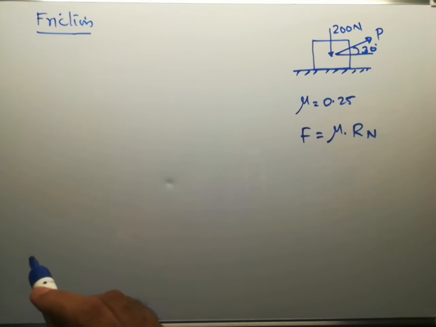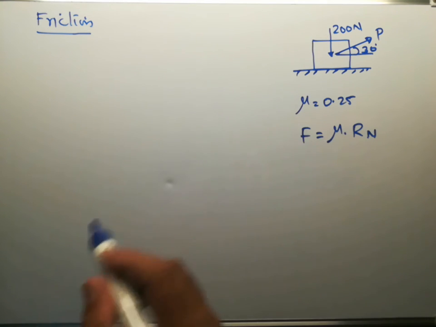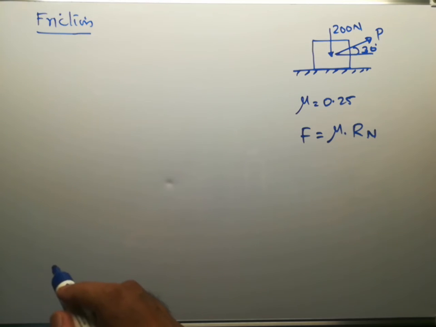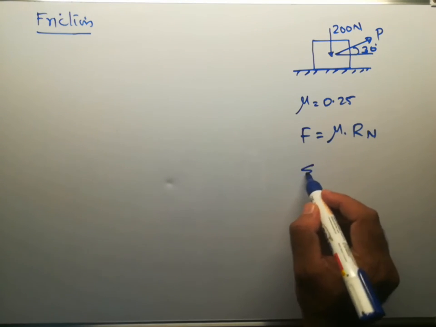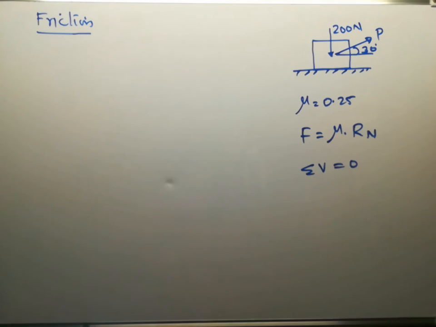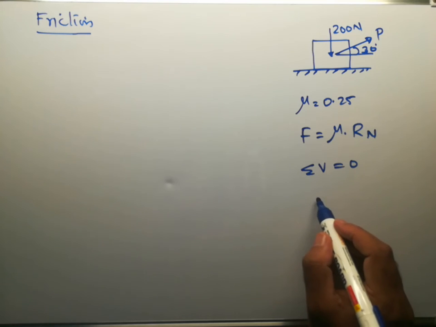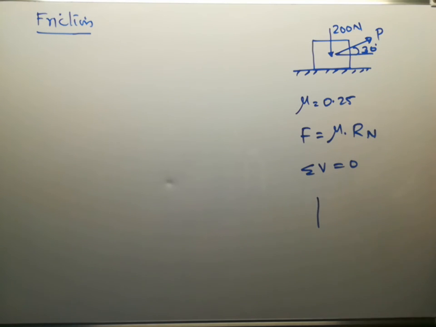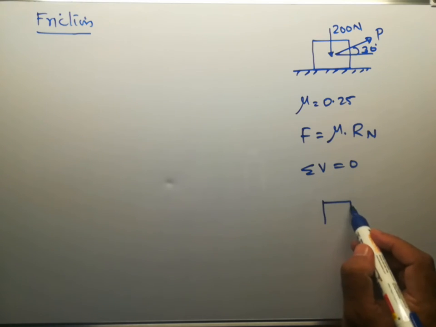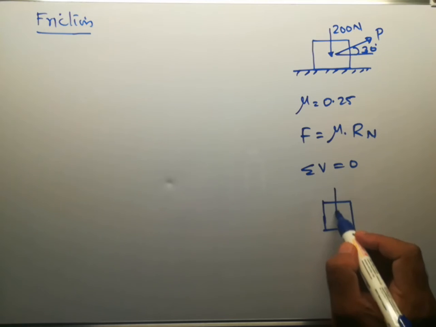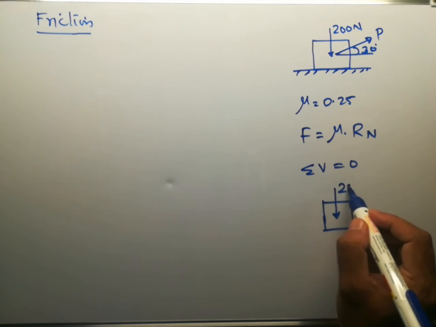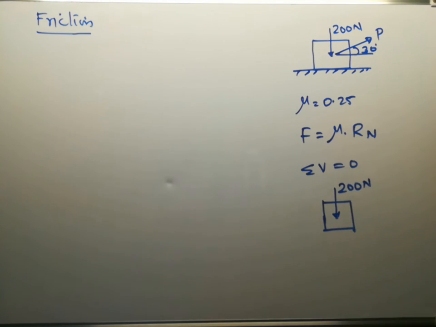So we know in this case there is no motion in the vertical direction, so we can apply the equation sigma V equal to 0. Now to apply this condition, we have to draw the free body diagram first. Let this be the body. This is the weight acting vertically downwards.